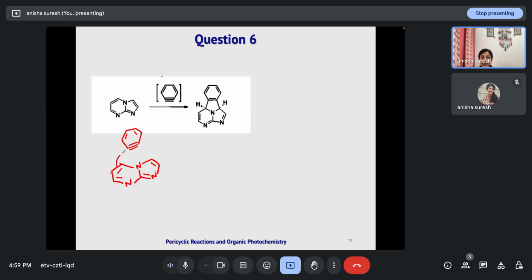The cycloaddition will be taking place in this fashion. So the double bonds will shift this way.